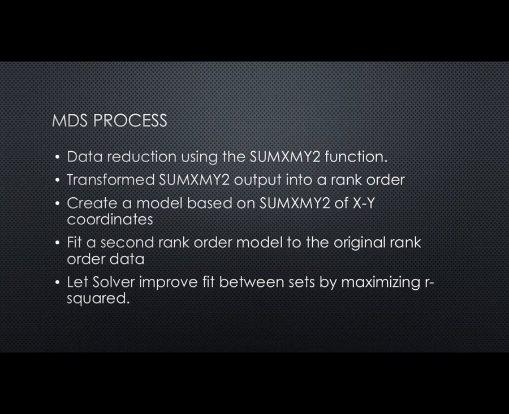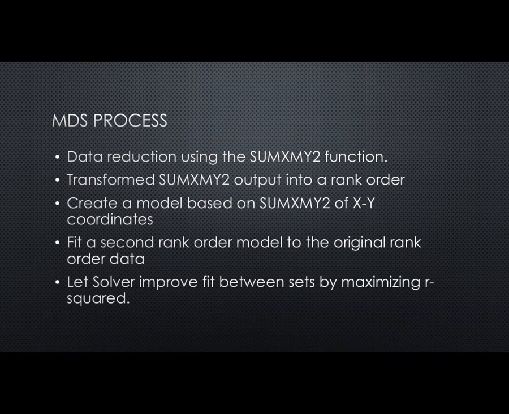All right, so what is the process for doing an MDS analysis? Well, we're going to do a data reduction again using the sum of squared differences. And we're going to use that to look at the rank order of those differences.